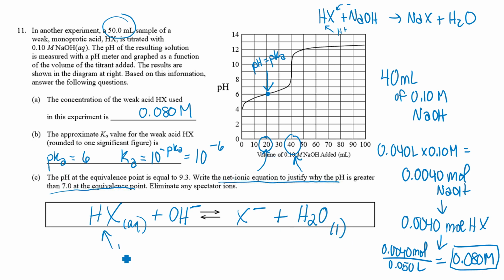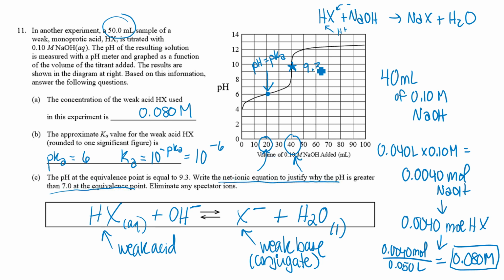So if we remove a hydrogen from a weak acid, what we get is a weak base, because the conjugate of a weak acid is a weak base. So weak pairs with weak, strong pairs with neutral. So that's why this titration has a pH of around 9.3 at the equivalence point, because the product of this reaction is a weak base.